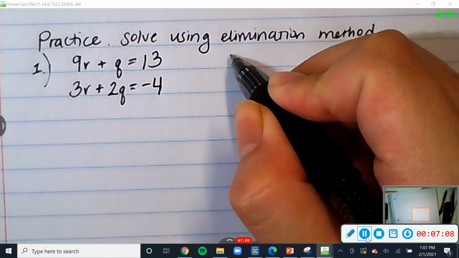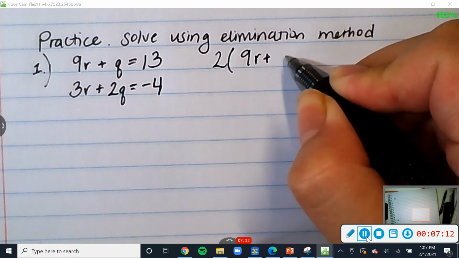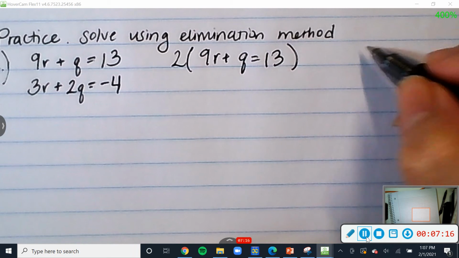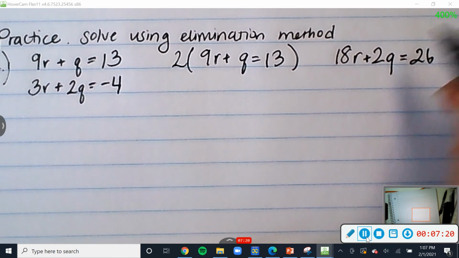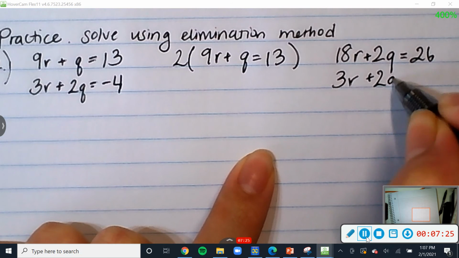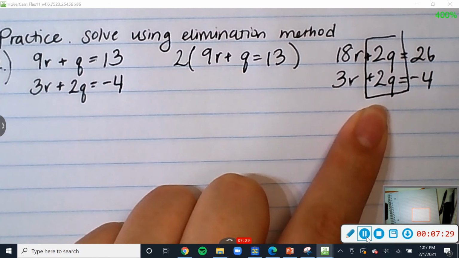So that means you would have 2 times 9r plus q equals 13. And if you distributed that, you would have 18r plus 2q equals 26, and then the bottom equation would be 3r plus 2q equals -4. Right here, you now have matching coefficients.